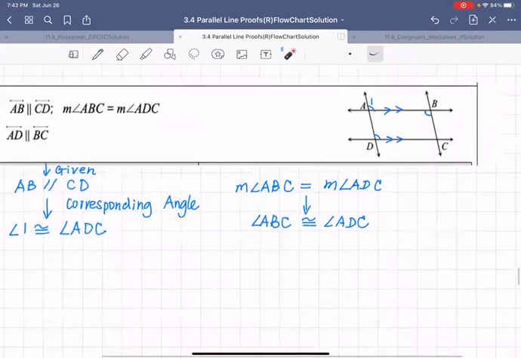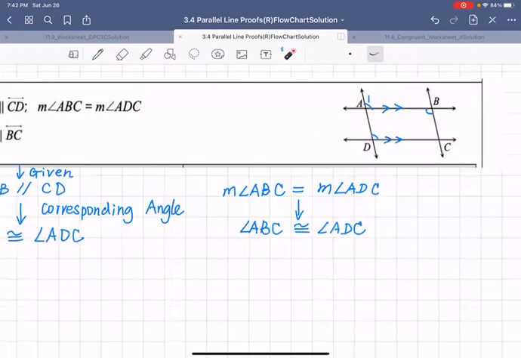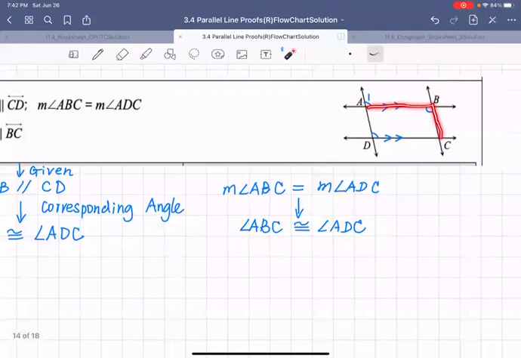Okay, let me explain. If you measure this angle to be around 120 degrees, 120 degrees is this guy. If you measure this angle to be 120 degrees, this means 120 degrees. ABC is an angle.